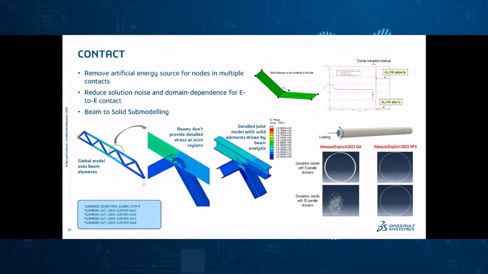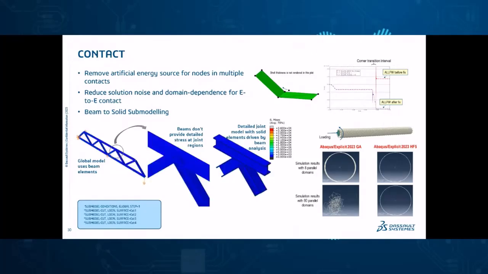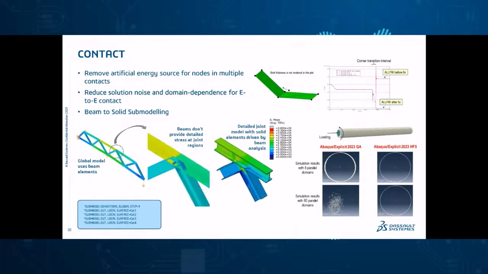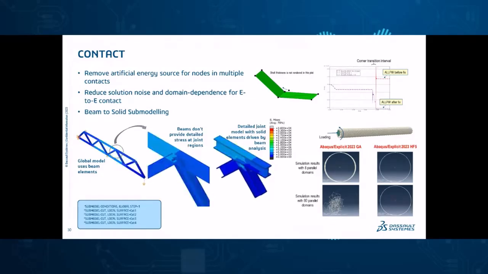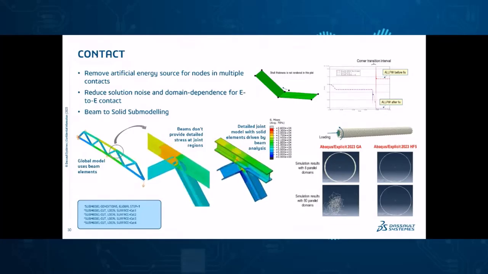And before the fix, the ALLPW output variable, which is the work done by the contact penalties, was positive after the transition. And this is indicative of artificial energy being introduced, which could cause non-physical behavior in some models. After the fix, the ALLPW output is negative, which is partly associated to energy being stored in the contact penalty springs and partly dissipative.